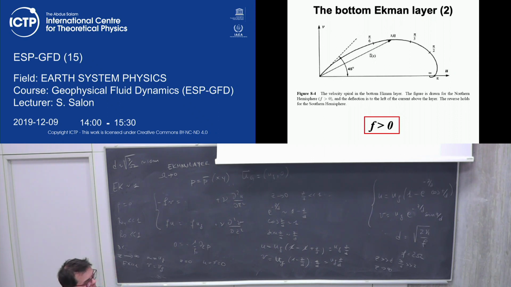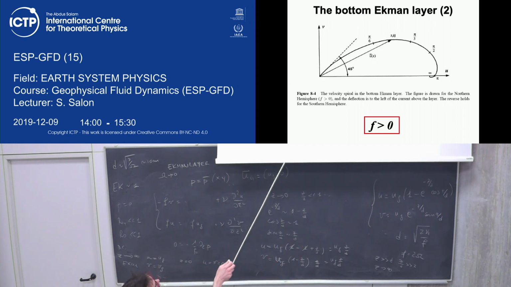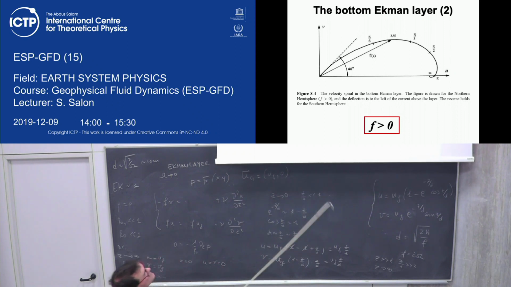Okay? So on the left, with respect to the interior geostrophic flow. And this form here is called velocity spiral. The deflection is to the left of the current above the layer. Of course, the reverse holds for the southern hemisphere. Okay?